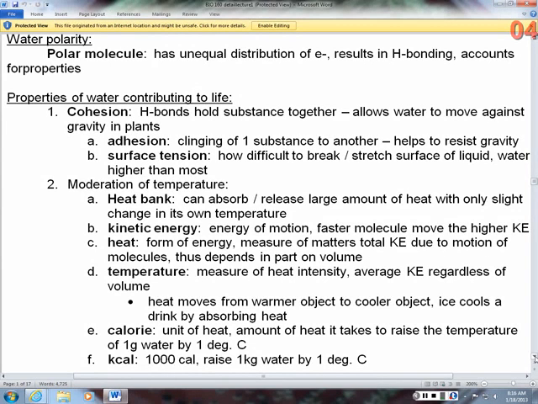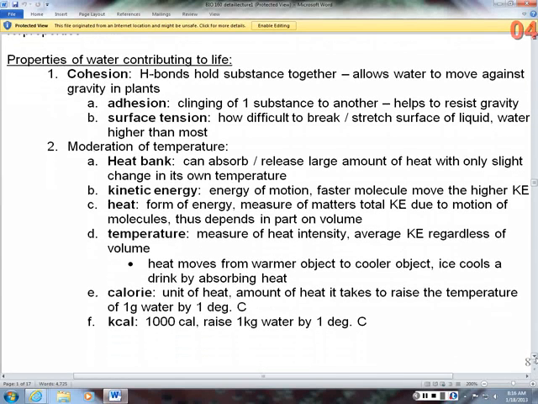Another thing it does is it helps to moderate temperature. It can absorb a lot of heat and it can also release a lot of heat with only a small change in its own temperature. You can see this if you look at places that are near bodies of water, where the temperature changes are not real extreme, like in the Puget Sound area versus the desert.